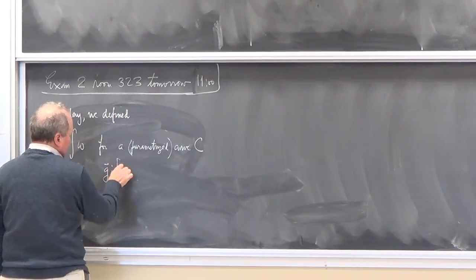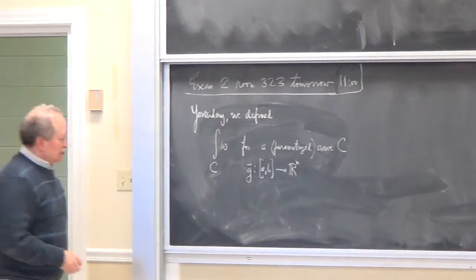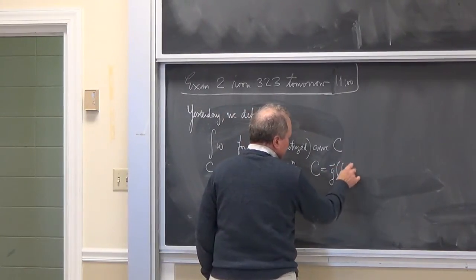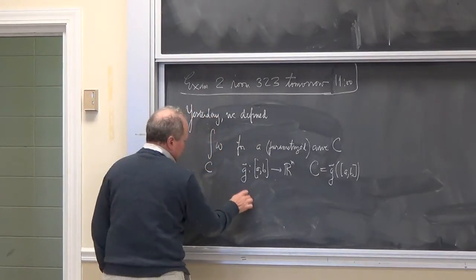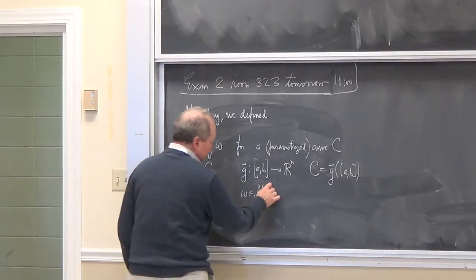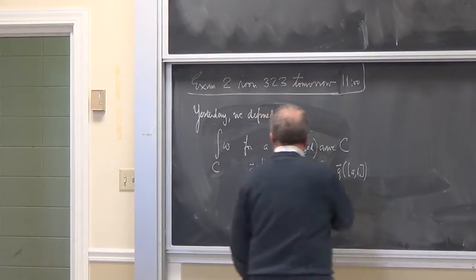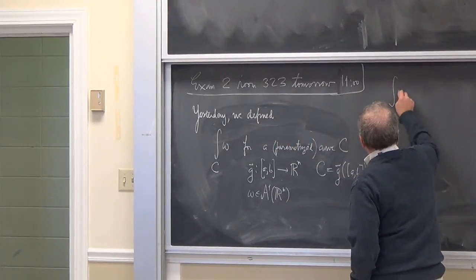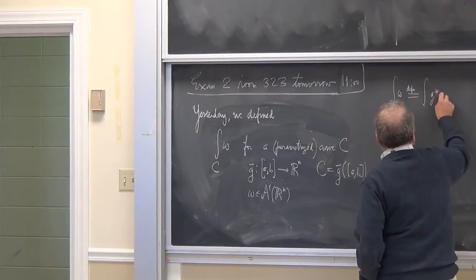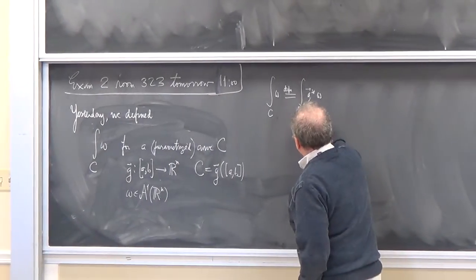We had a parameterized curve, C is the image of that parameterization, and omega is a one-form, say, on an open set containing the curve, but I'm just going to write Rn. I went through the whole definition yesterday. We said the integral of omega, by definition, was got by pulling back the one-form and integrating it on the interval from A to B.